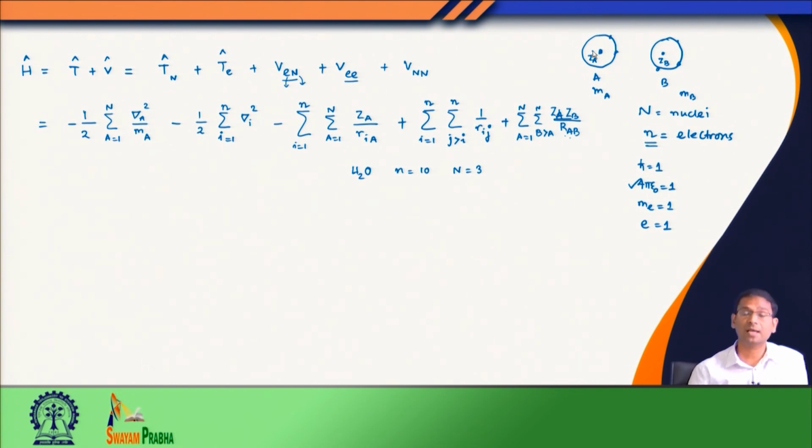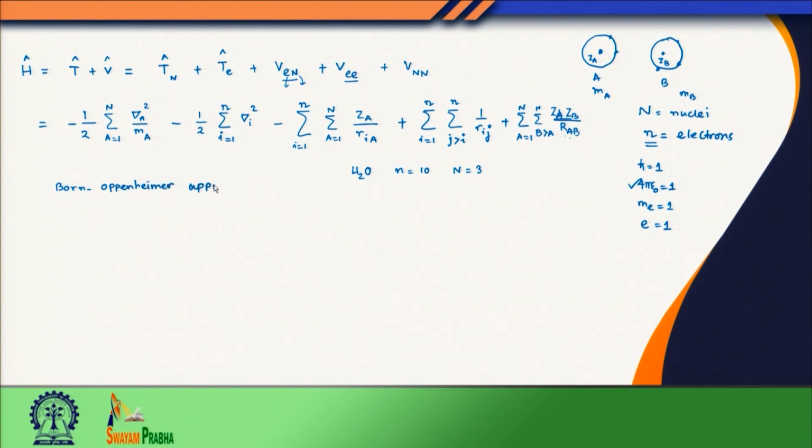So, therefore, we can actually separate the solution of the electrons from that of the nuclei. So, this is the famous Born-Oppenheimer approximation, which says that you can separate the nuclear motion from that of the electron motion.